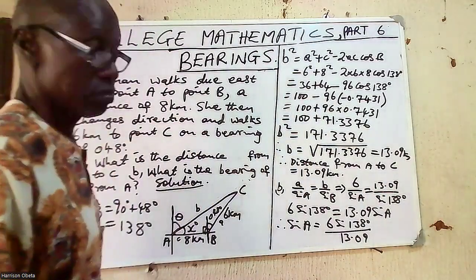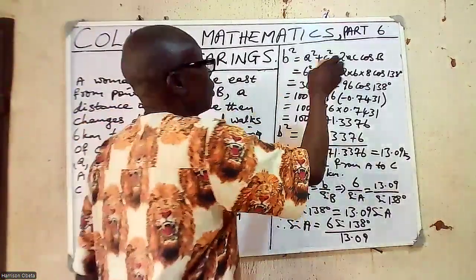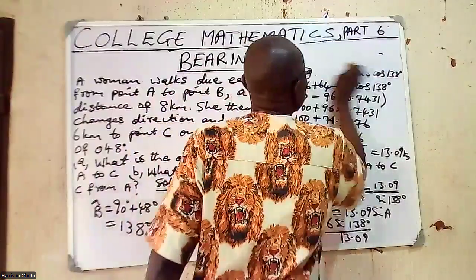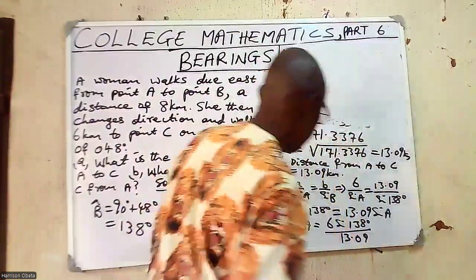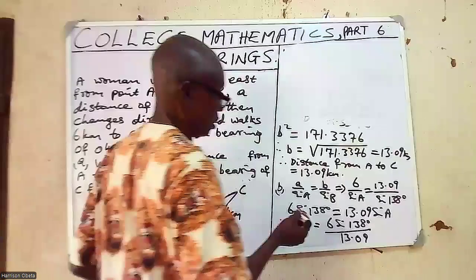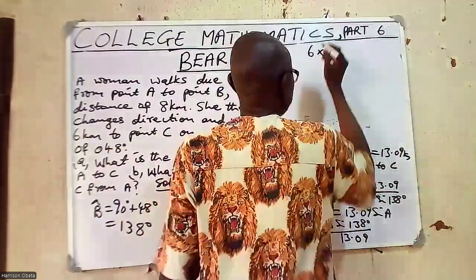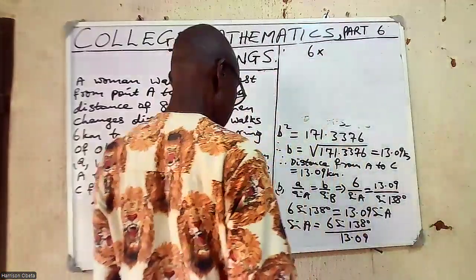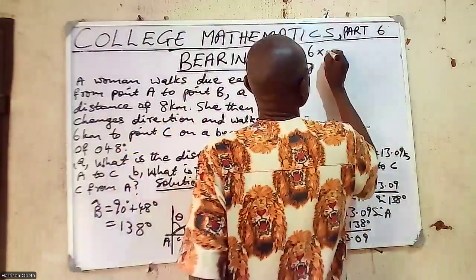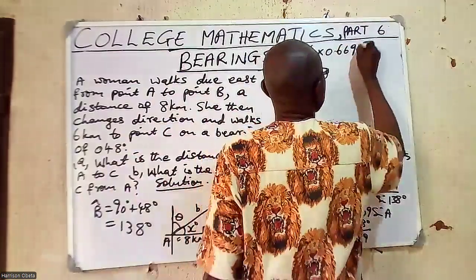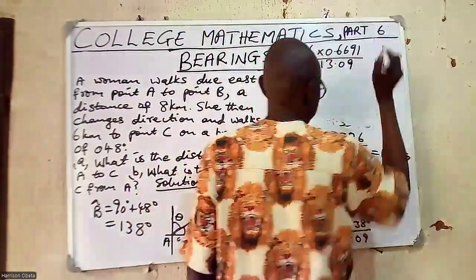Then from there, we now have 6 times sine 138, which you check from the table, and that will give us 0.6691, divided by 13.09.